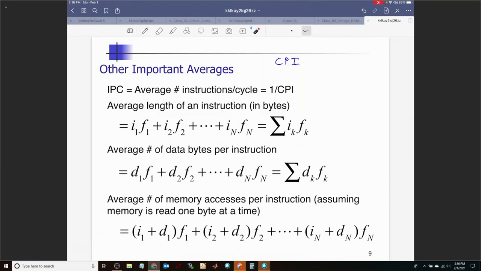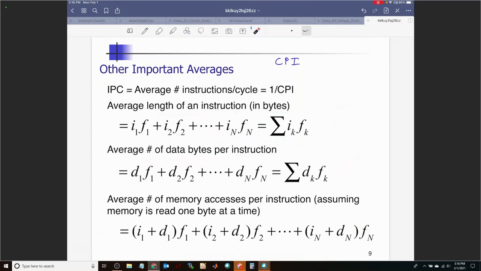Next, instruction is one thing, we also need data operands. So the average number of data bytes per instruction would now, instead of I1, I2, and I3, need D1, D2, and D3. We still need to do the weighted average based on the fraction of time the CPU spends working on that particular instruction. Now, this is for instruction, this is for data.